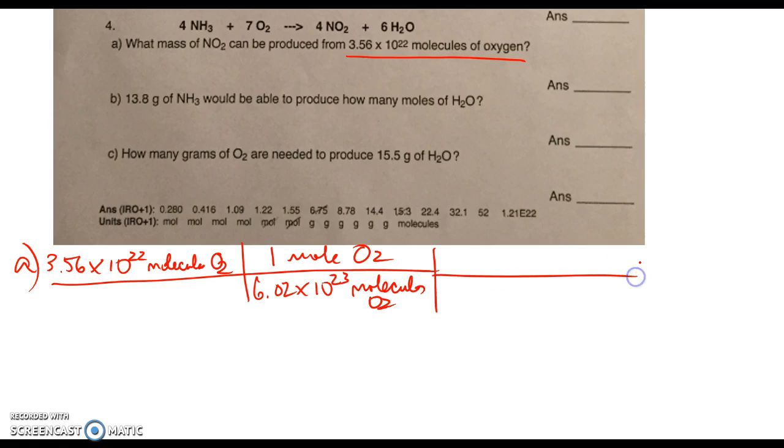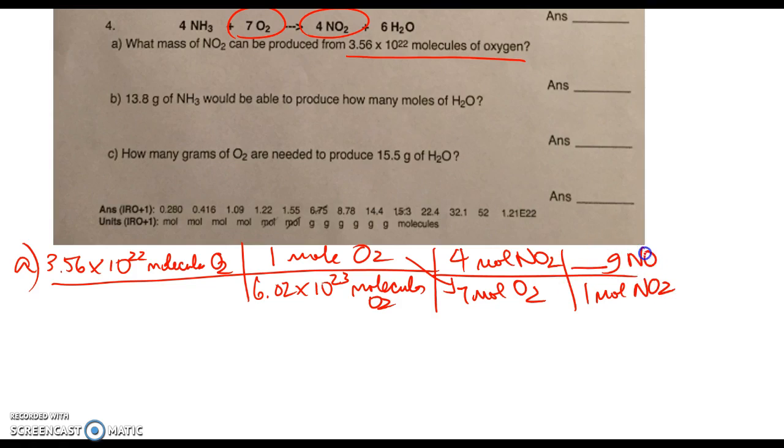Every single time. And we want to get to mass of NO2, so we need to go from oxygen to NO2. So notice, moles oxygen down here, 7 moles of oxygen are needed to produce 4 moles of NO2. And then 1 mole of NO2 is so many grams. Molecules cancel, moles of oxygen, moles of NO2, and you're left with grams.